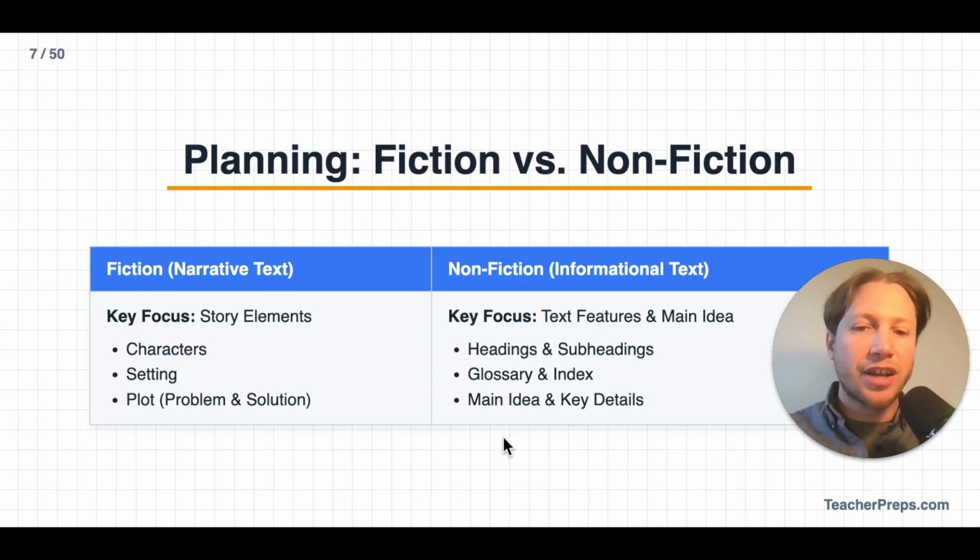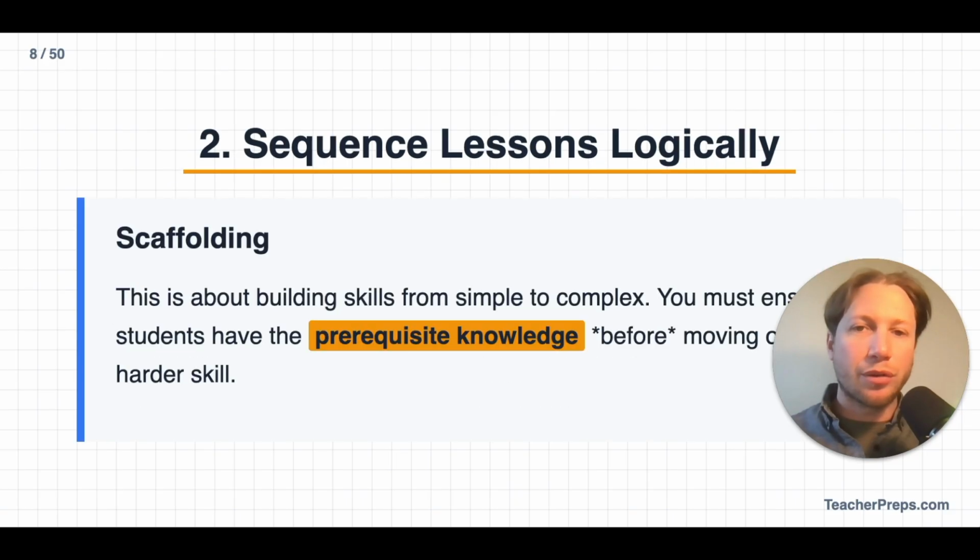We teach our students not to flip page by page like you might if you're reading a novel, but instead to get directly to the point of the textbook that they're looking for. We can teach them to use nonfiction informational text structures like the glossary and index in order to find the main idea and key details that they might be looking for during, for example, a research project.